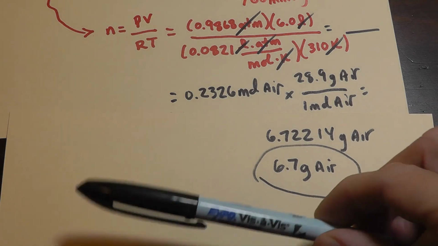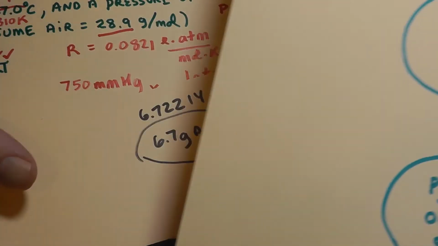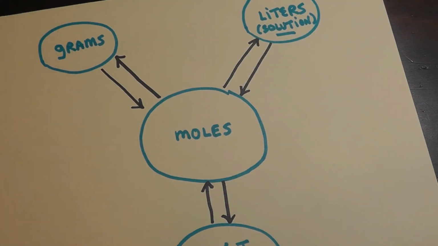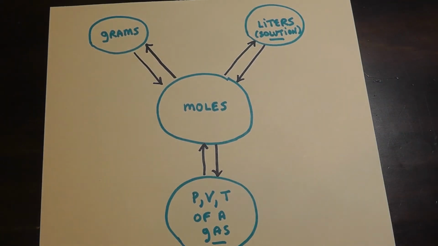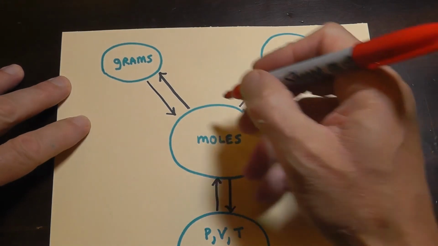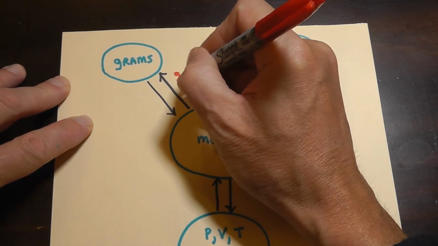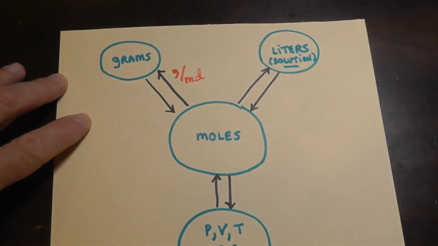So here's a little concept map of where we are in Gen Chem 1. We got this thing in the middle called moles. We know that that's the key to the solution for every single problem we encounter. And now we've got all sorts of different ways to get back and forth between moles and different things. So here, of course, you go to the periodic table and you see what the molar mass is, and that'll get you back and forth.